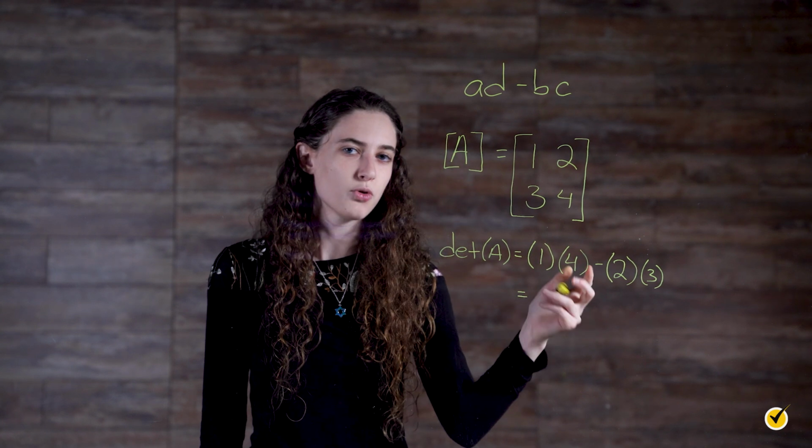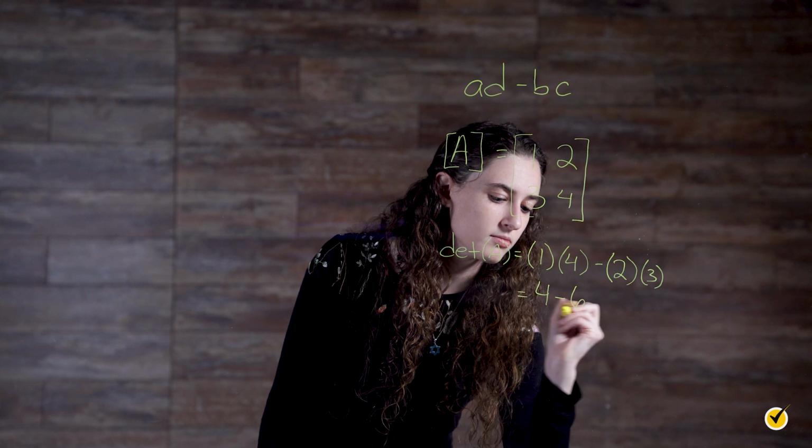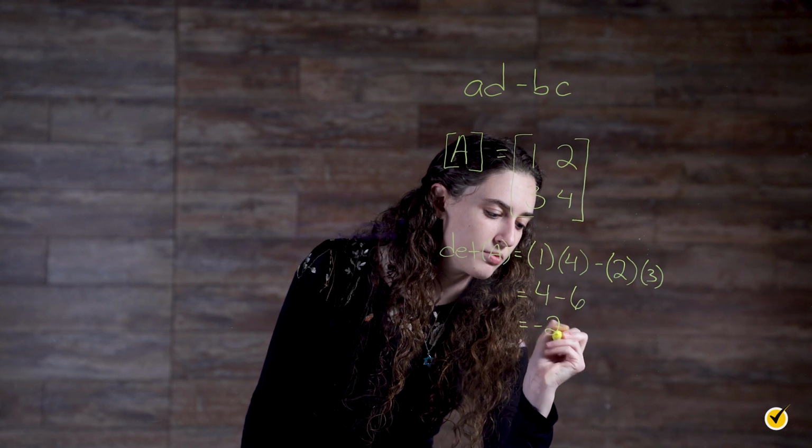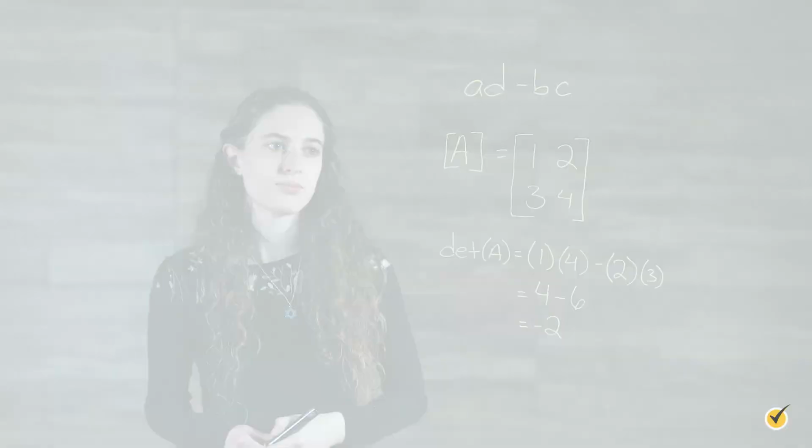So we have 1 times 4 equals 4, minus 2 times 3 equals 6, which equals -2. So the determinant of A is -2.